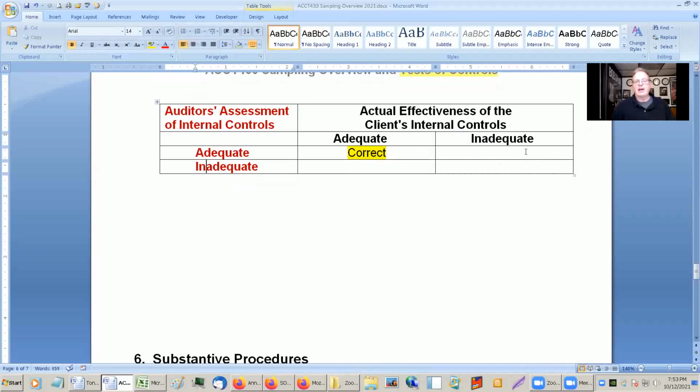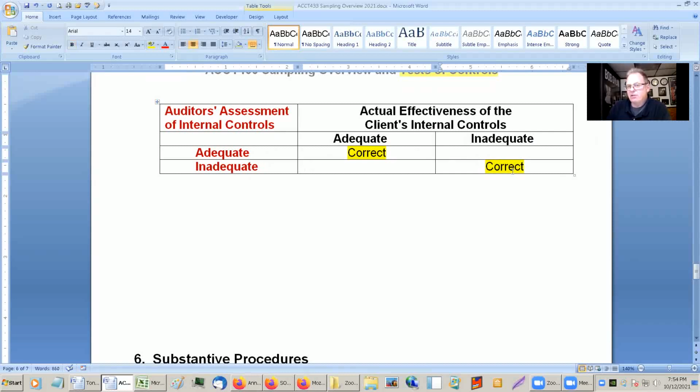If we said that they're inadequate and they really were inadequate, this is also correct. Oops, I highlighted that, it was not correct. Okay, so if it's adequate and we conclude adequate, it's correct. If it's inadequate and we conclude inadequate, that's fine.